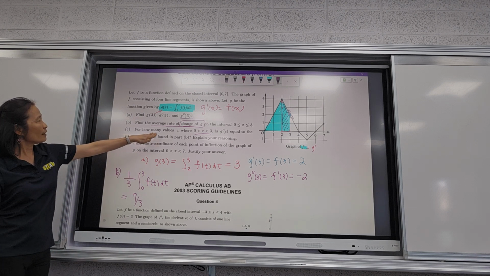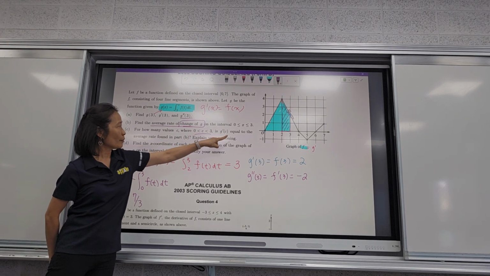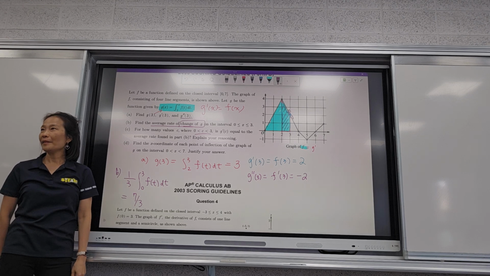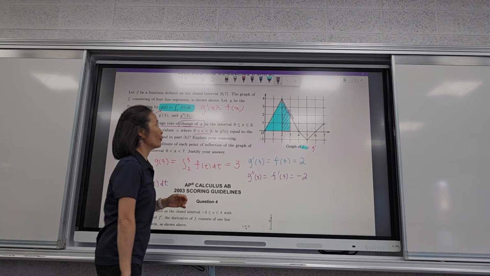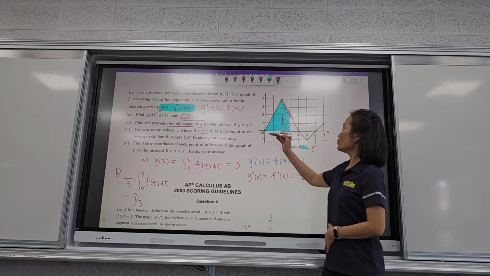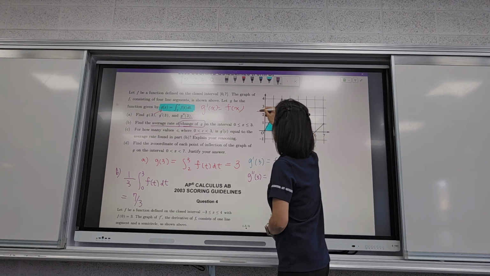C. How many values of c over this interval is g prime of c equal to the average value? That's the mean value theorem. You already found the average value is 7 over 3. It's about 2.3, right? 2.3 right here. This is your average value.